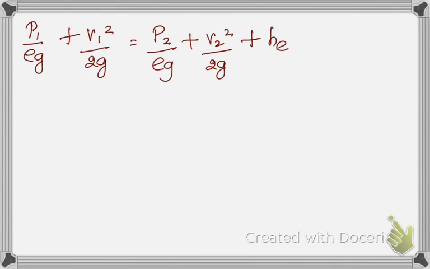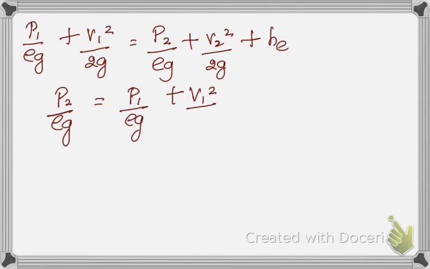So we can rearrange this equation as P2 by rho g will be equal to P1 by rho g plus V1 squared by 2g minus V2 squared by 2g minus He. So I am just rearranging the equation, nothing more than that.